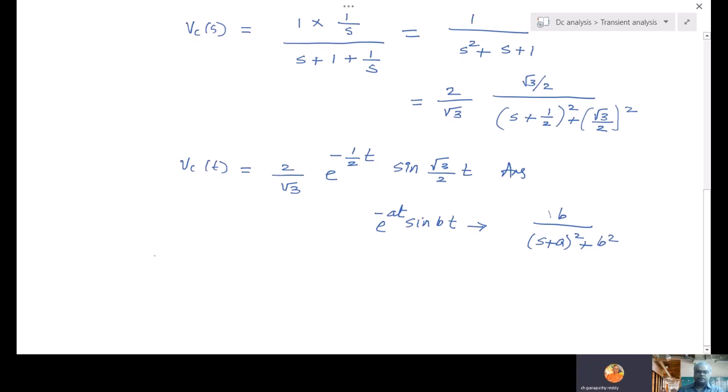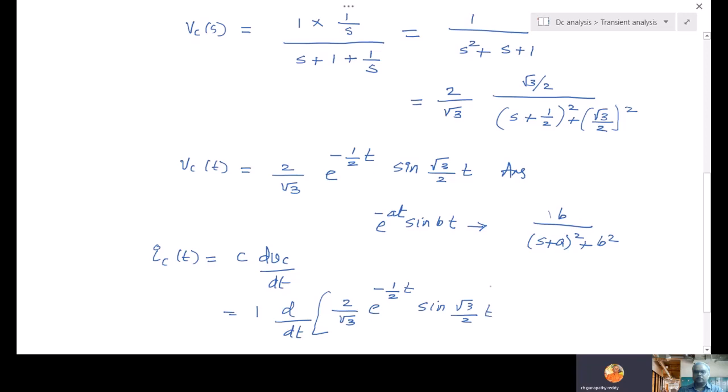Next, an easy method is to find IC of T. IC of T is nothing but C dVC by dt. So C value is 1, and d by dt of 2 by root 3 e power minus 1 by 2 t sine root 3 by 2 t.